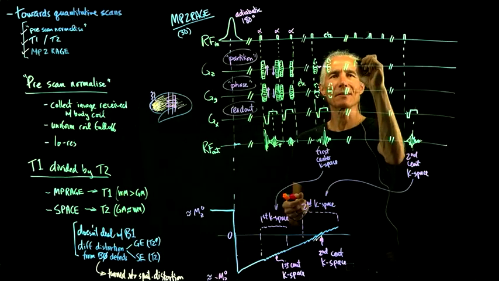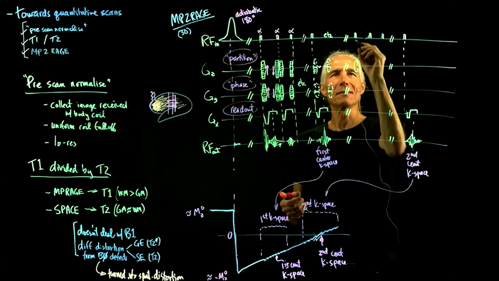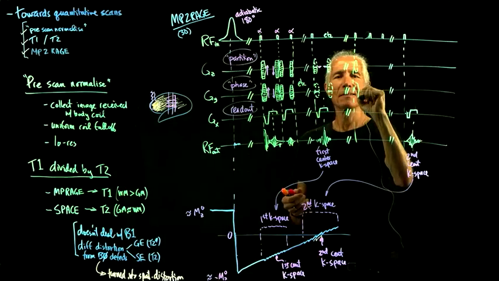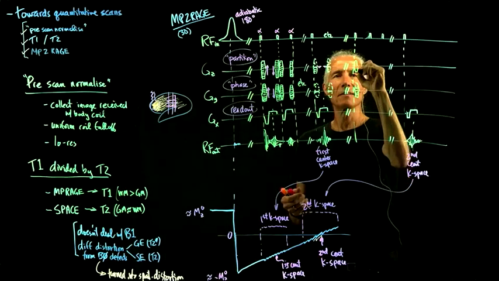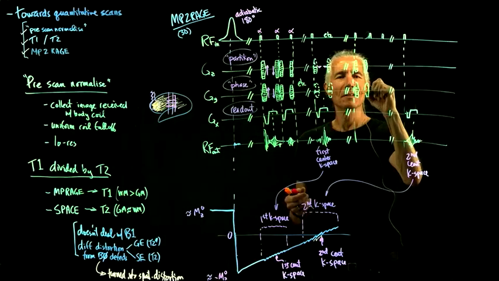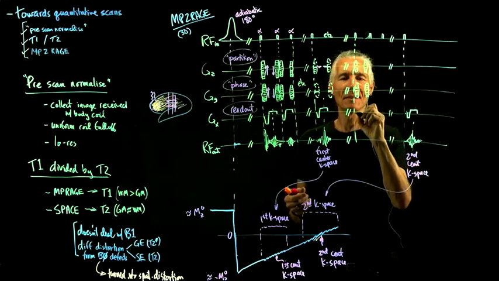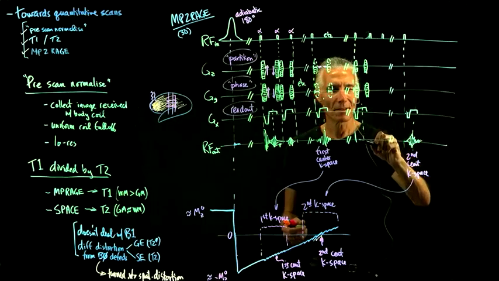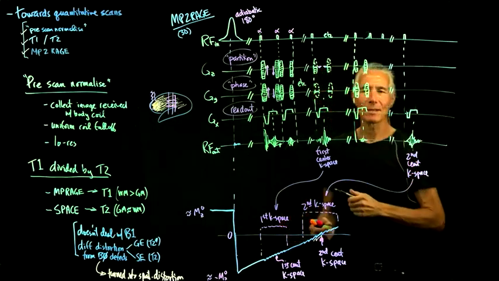We got like a zillion pulses here. Every time we do one of these, we've got another one of these, and another set of fixers. So you can see it's just a rat's nest of RF pulses, and here's a small recording of a small echo, because it's out at the edge of k-space.